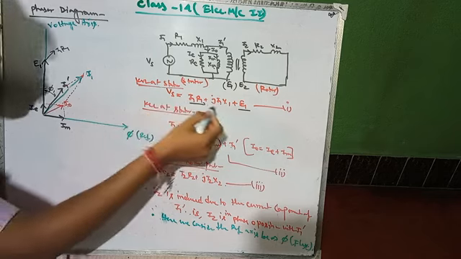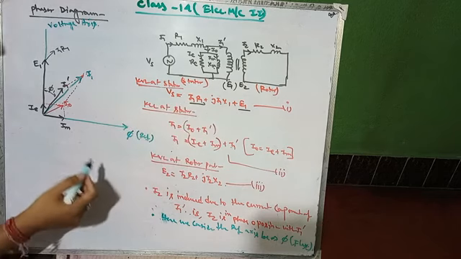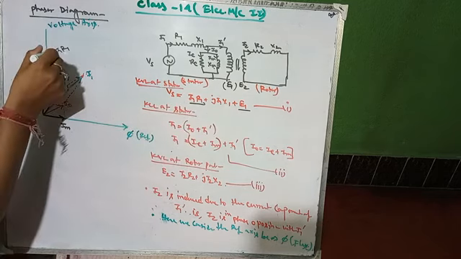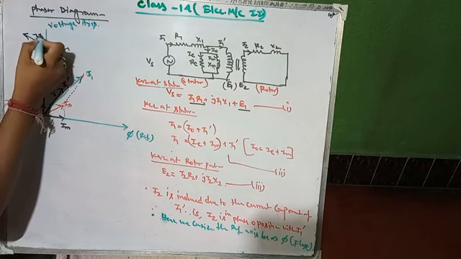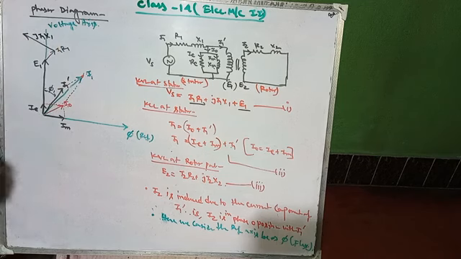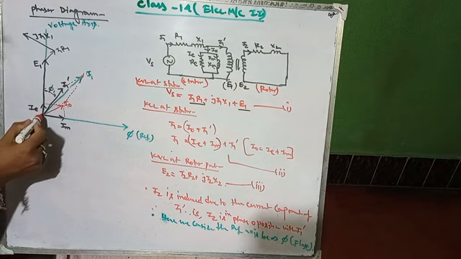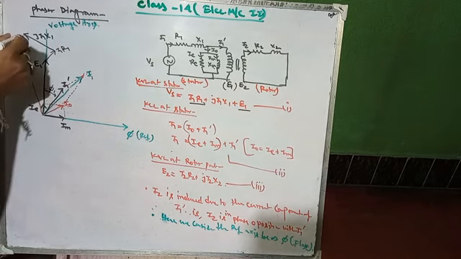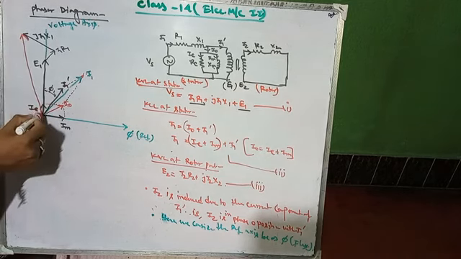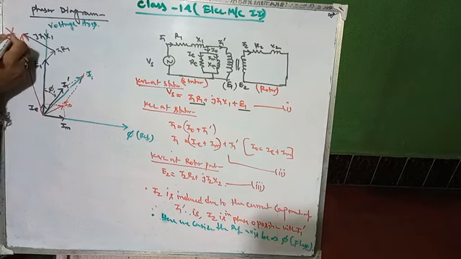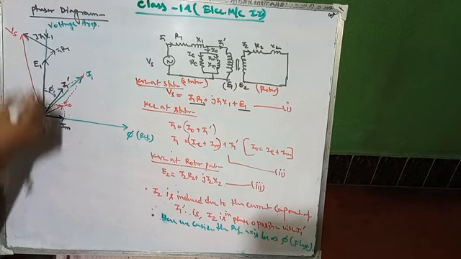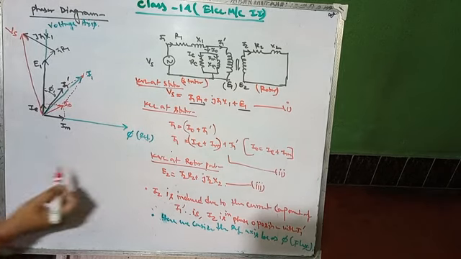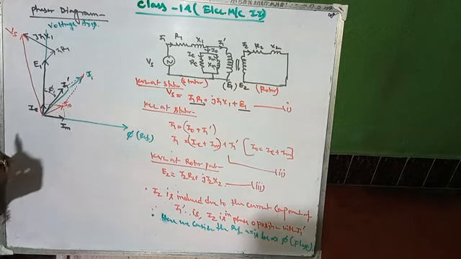Next, j I1 X1: j means it will be lagging by 90 degrees, so it will be in quadrature, j I1 X1. Now if we add from the center, whatever line is generated will be your Vs. So this section will satisfy equation number 1.